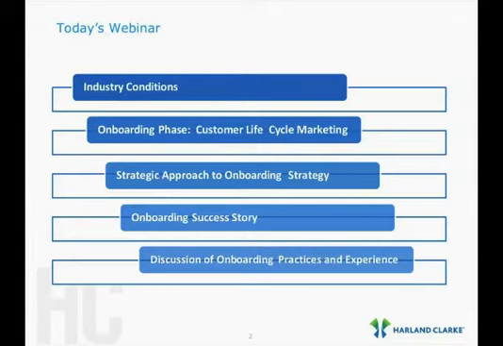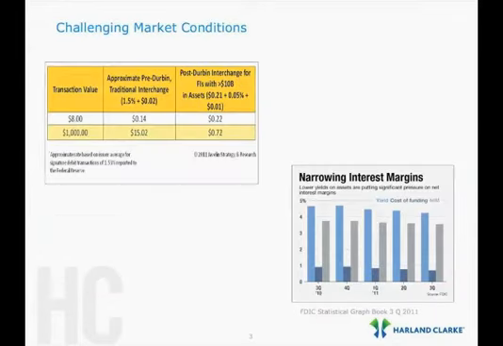Bank earnings continue to be challenged on many fronts. One of the most significant challenges is the full-year impact of the Durbin Amendment. As illustrated in the yellow chart in this slide, depending on an institution's average transaction size, the impact can be very significant, especially in light of many institutions prioritizing the acquisition of mass affluent customers.